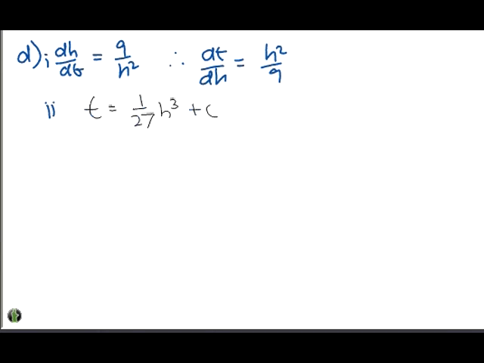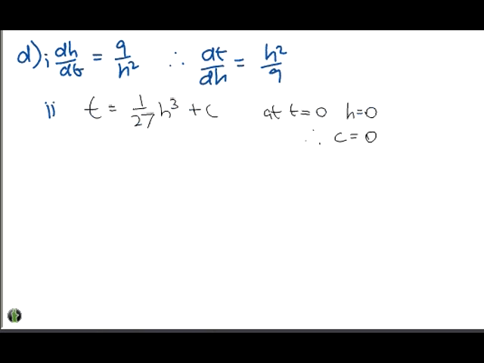What does that mean? Meaning that at t equals 0, h equals 0. So, therefore, C equals 0, right? If all of these are 0, then C had to be 0 too.